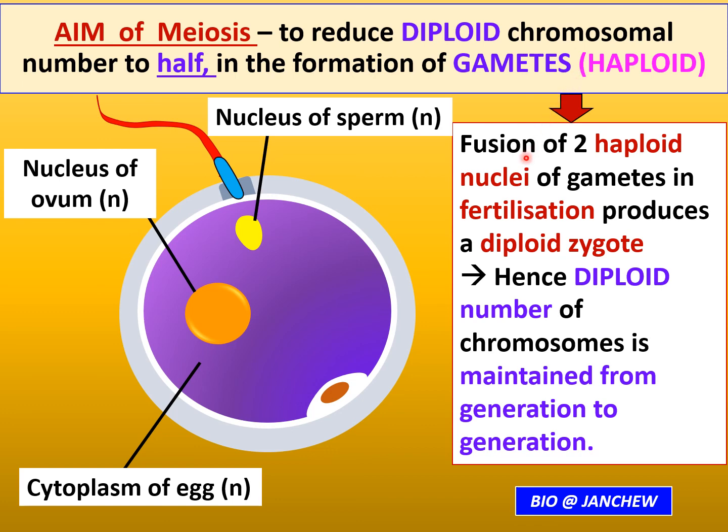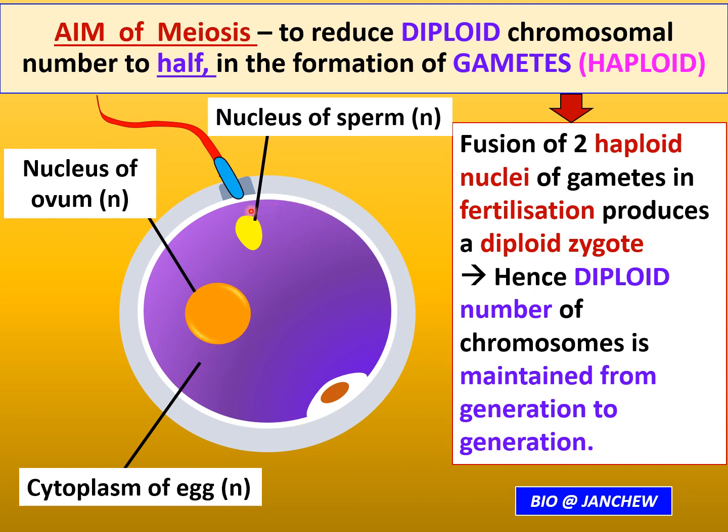Now, in the fusion of the 2 haploid nuclei of sperm and ovum during fertilization, a diploid zygote will be produced, and hence the diploid number of chromosomes is maintained from generation to generation, as the zygote will develop into the offspring of the organisms.